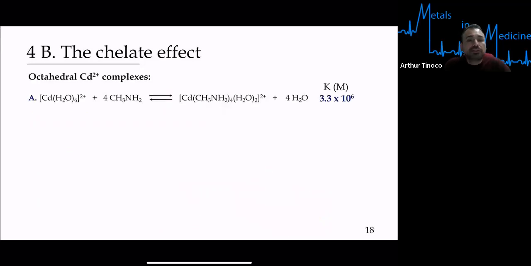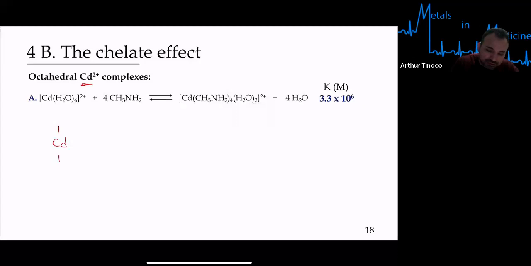All right, let's look at this example where we have cadmium complexes with coordination number 6, so octahedral complexes. Initially we have cadmium coordinated to 6 aqua ligands, and we're seeing what happens when you have methylamine coordinating to the cadmium center. So here we have cadmium.